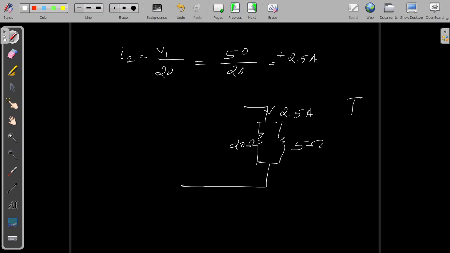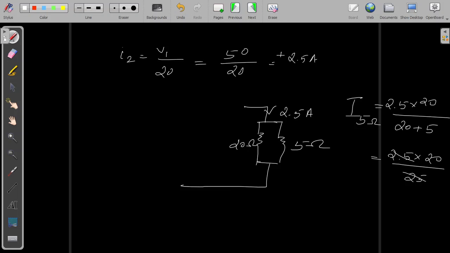That is equal to the total current 2.5 into the other resistance 20 divided by the total resistance 20 plus 5, that's equal to 2.5 into 20 divided by 25, which is equal to 2 ampere.